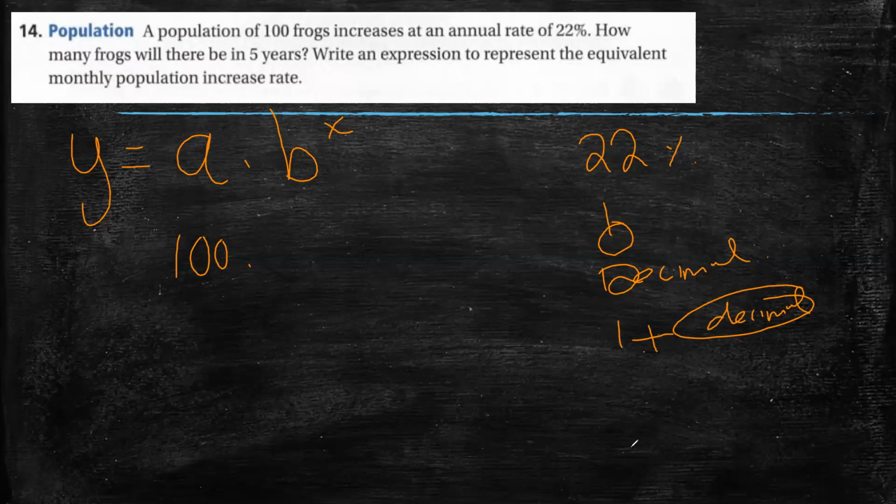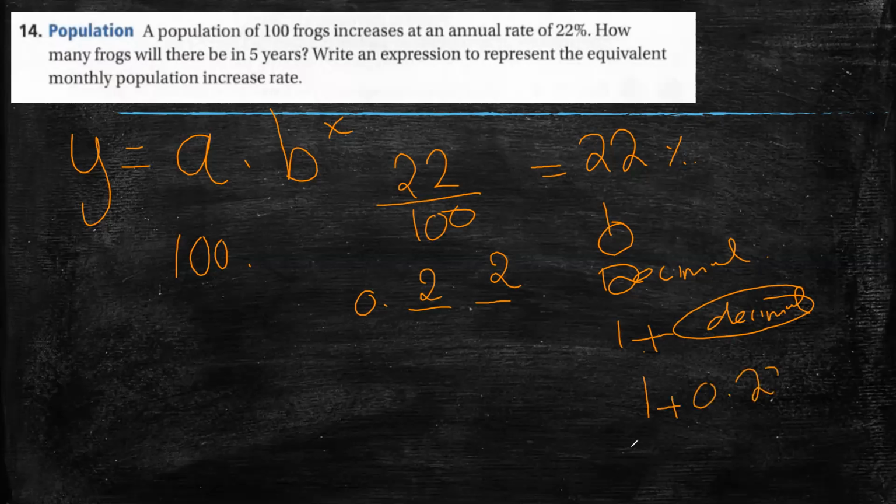Now 22%, as I told you, is 22 over 100. And this 100 has 2 zeros, so I have 2 decimal digits. So it is 0.22. Then add 1 to 0.22. So what is the number now? 1.22.